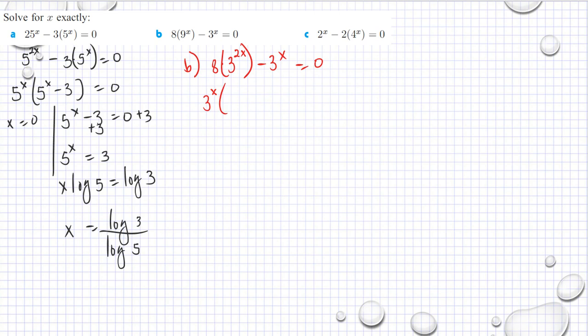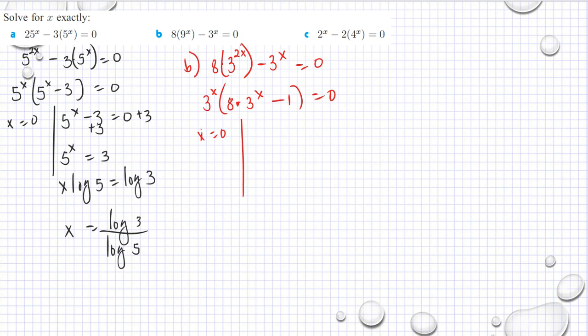Then we have 3 raised to x times (8 times 3 raised to x minus 1) is equal to 0. Then the first one, we have x is equal to 0. It's not much interesting for us.